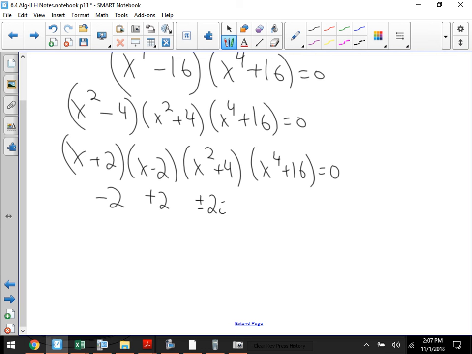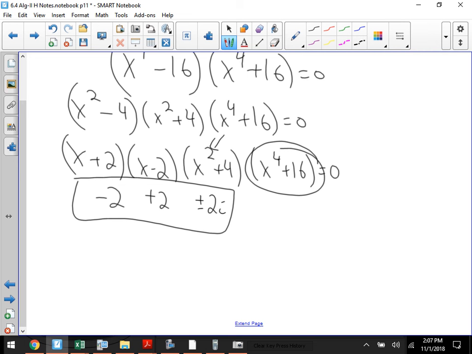Very good. Now, the last part here is x to the 4th plus 16. We haven't gotten far enough yet to learn how to solve that. It's imaginary. So if this comes up and I ask you to find all the zeros, you're finding all of the zeros that you know how to do, up to and including squared terms.